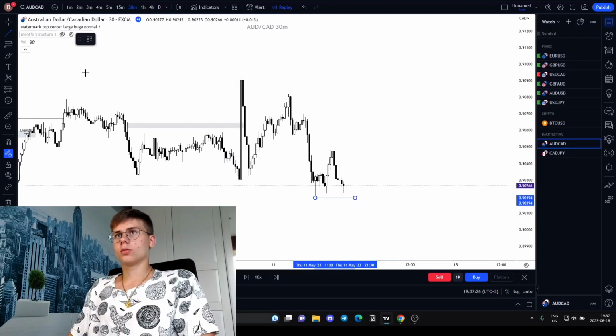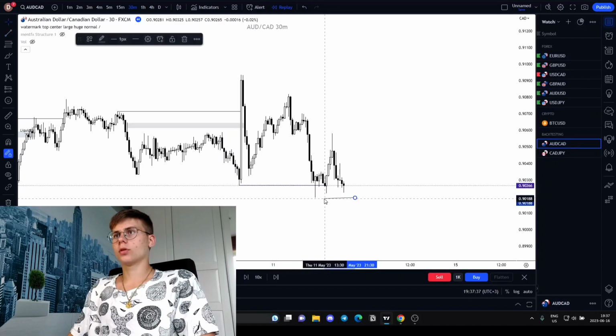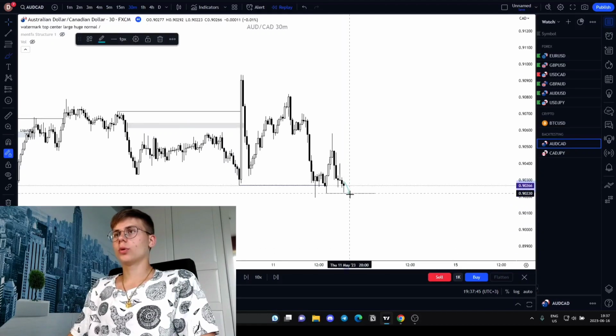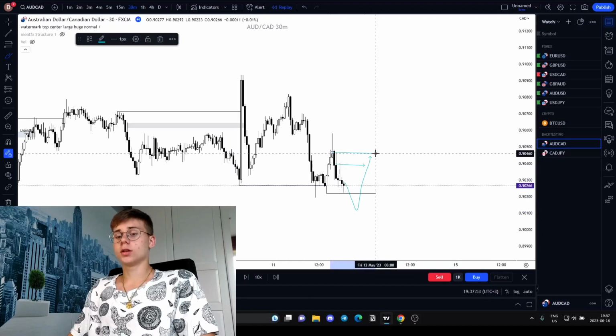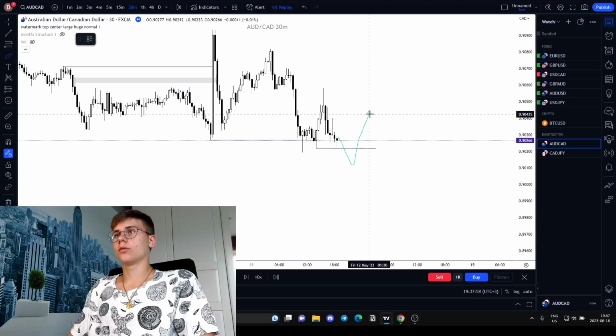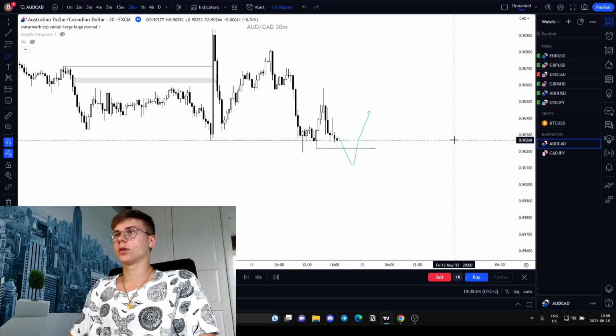Yeah, so we had this break, then it's a protected high right here, and we are looking for this break. Yeah, everything is good. So we are waiting for this break and to come back to the zone, but probably there are no unmitigated supply zones, so I would wait for another break and then a clear unmitigated supply zone.